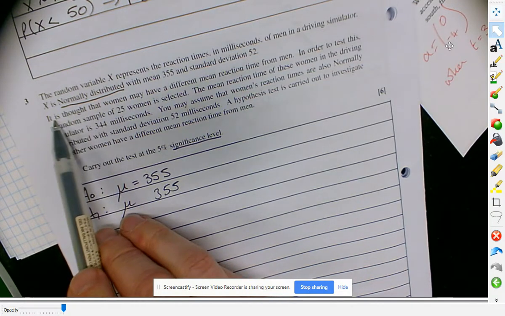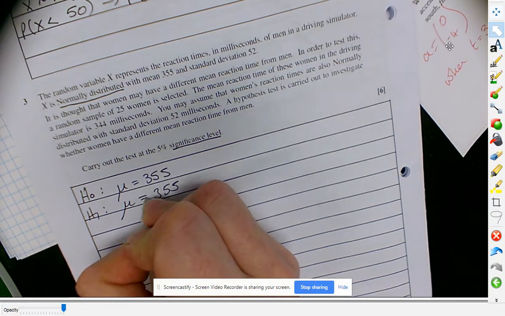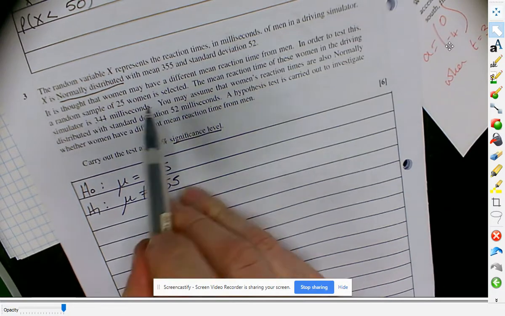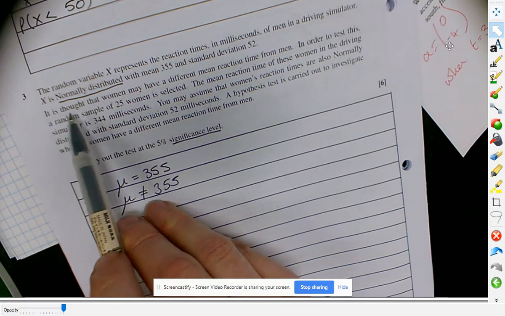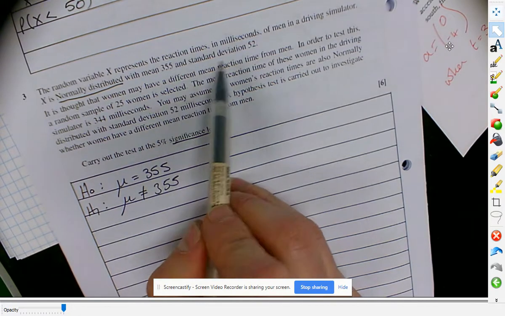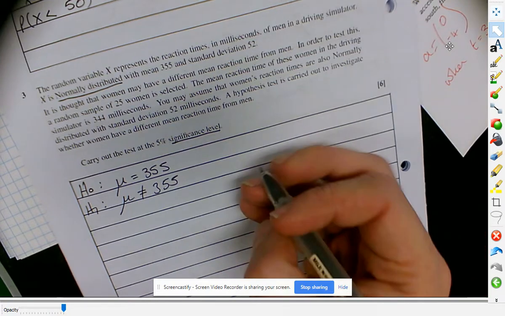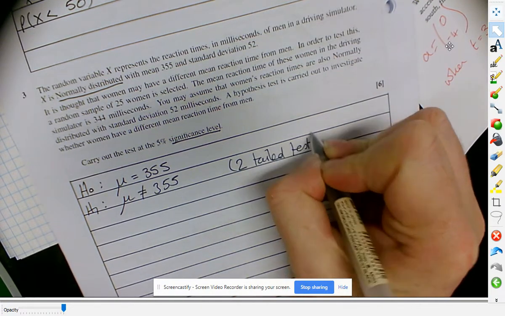So it is thought that women may have a different, not equal to. If it had said it is thought that women have a lower, then I would do less than. If it had said higher, I would do greater than. Okay, it just says different, so it's not equal to, which means this is a two-tailed test.